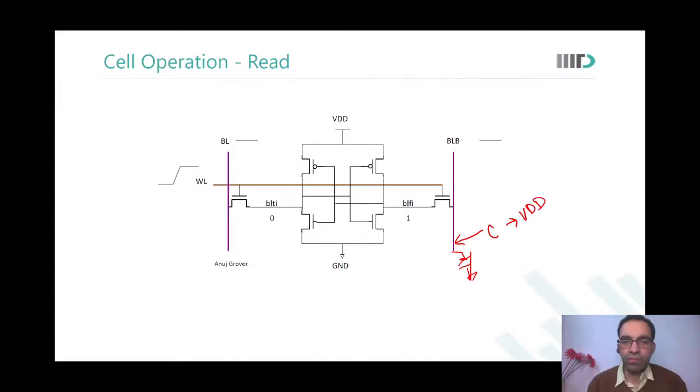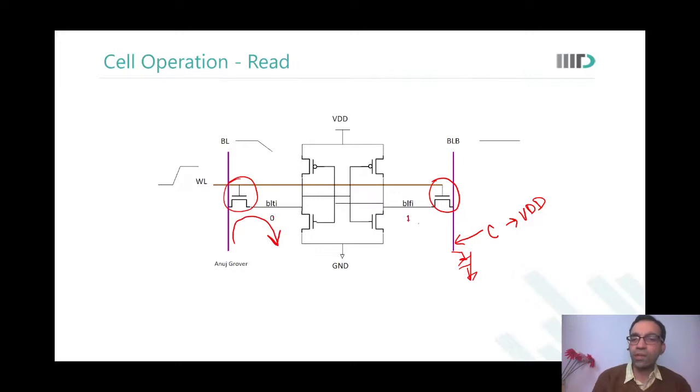When word line goes high, what happens? These NMOSs, called access transistors, will turn on. They will allow access to the contents inside the memory. And because there is a 0 written here, the charge would start to flow like this.